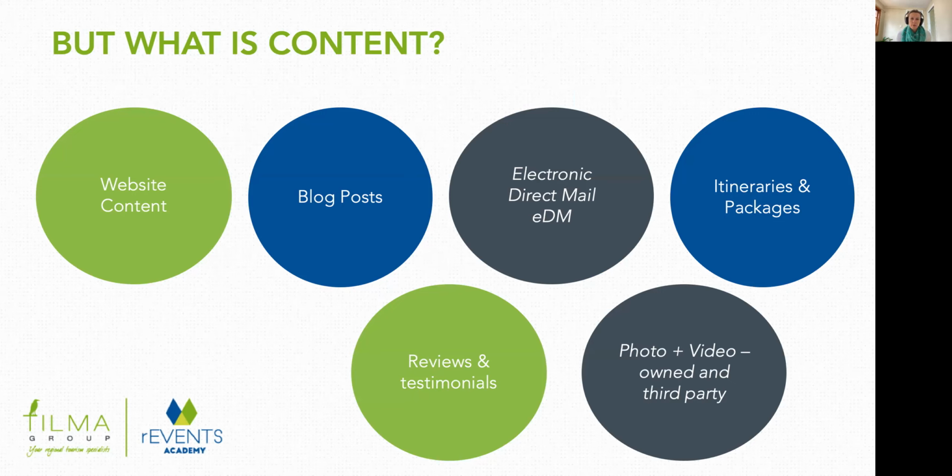So when people are doing reviews and testimonials, you can actually take those and repurpose them as your own content. And then photo and video. So it might be your own photo and video that you've had created for the event, or it could be third party or someone that's attended your event that's sharing photos and videos as well. And that's all content. So this is all stuff that you can be using to help promote your event.